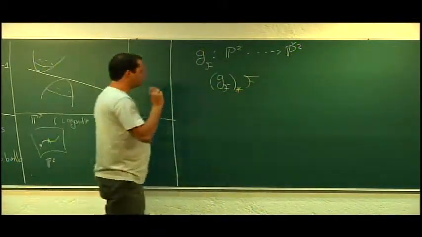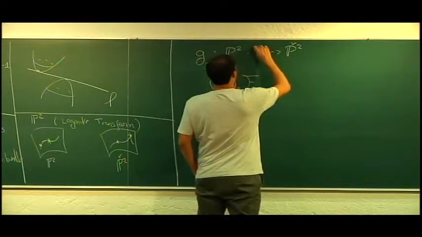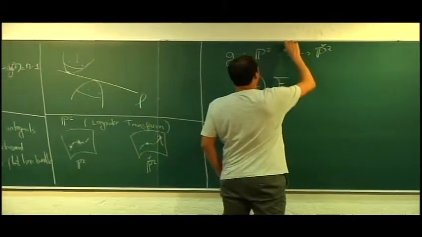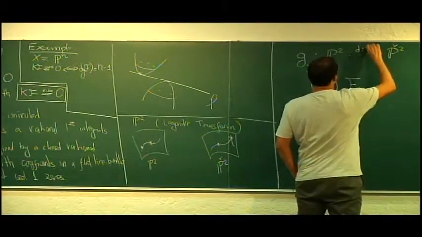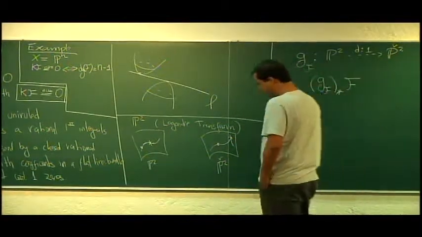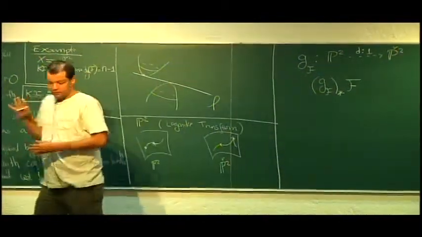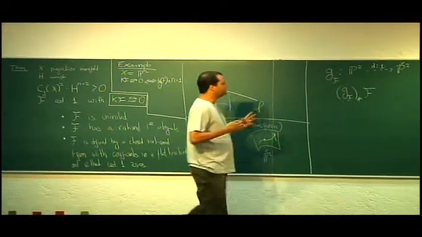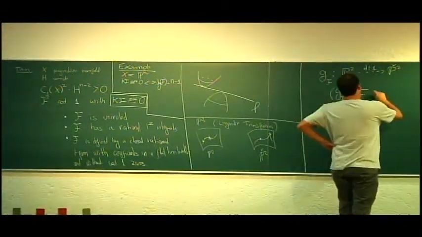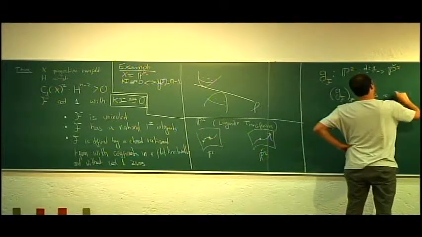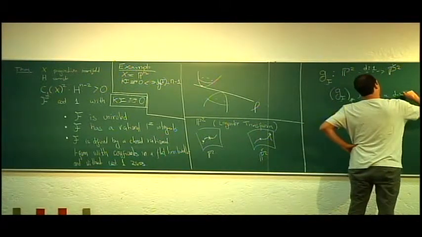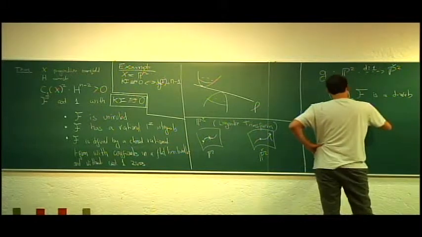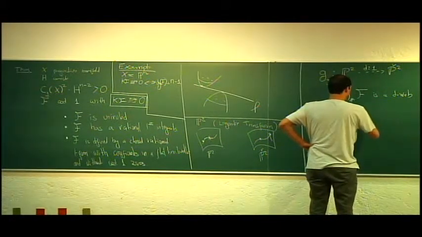So if our foliation has degree d, this is a rational map which generically has d fibers, and we see that the direct image is not a foliation, but indeed is a d-web. Meaning that over the generic points, I have d foliations.